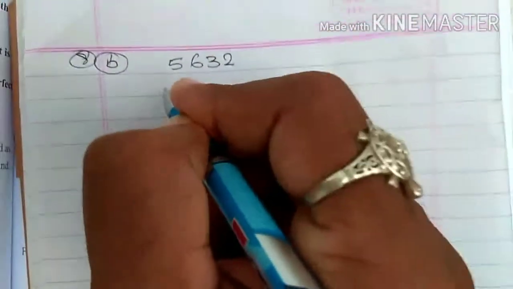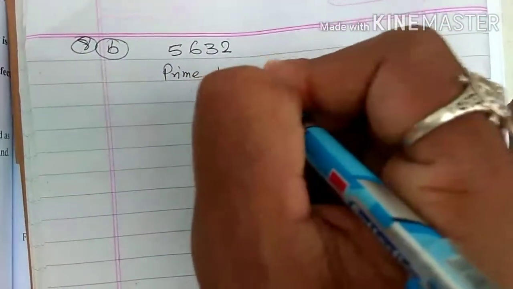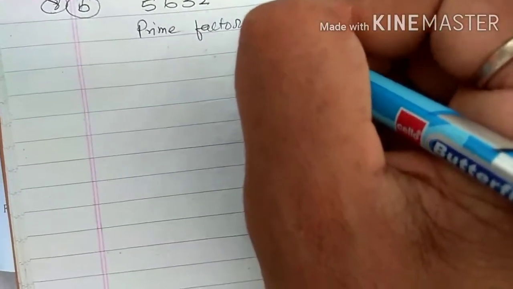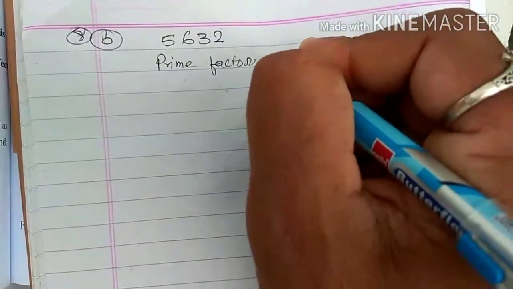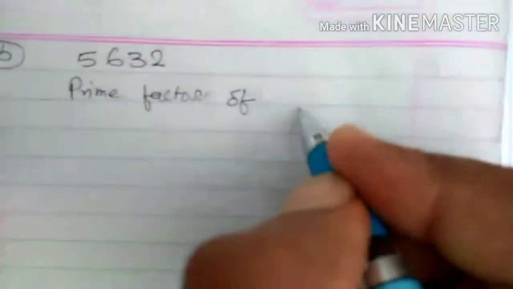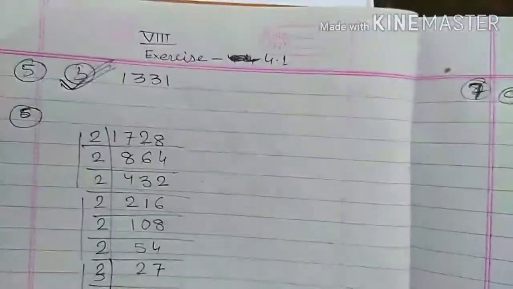First of all we have to find the prime factors. We will follow the same method as we have written.